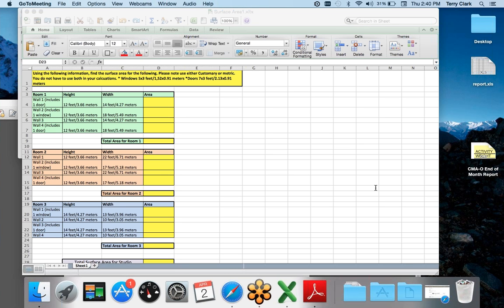Make sure you put that 168 square feet in there. If you come up with a number different than 168, it's wrong. If you come up with a value that doesn't have square in it, it's wrong. If it doesn't have feet in it, it's wrong. It's got to have all three if you're using customary. If you're using meters, then it would be square meters.